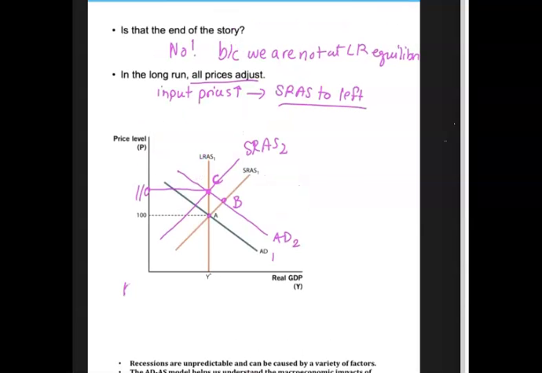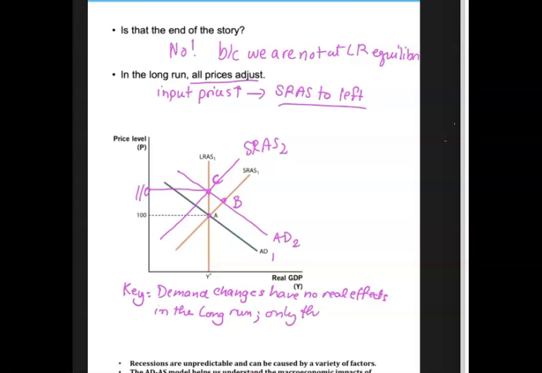The key point here is that demand changes, whatever the change in the aggregate demand, have no real effect in the long run. Okay, only the price level is affected.